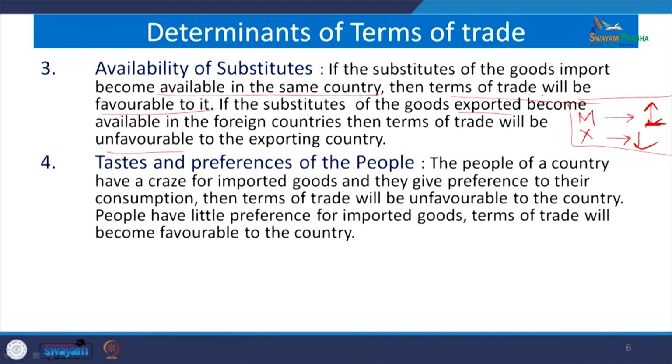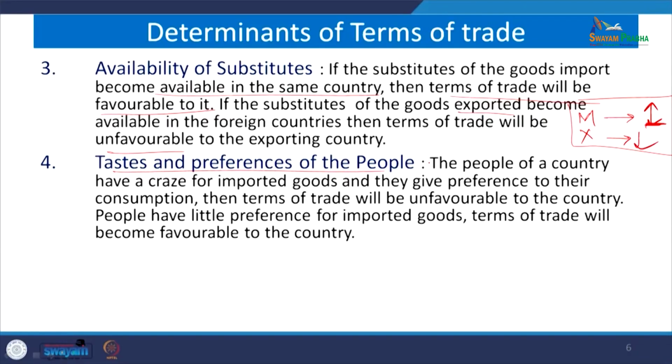Similarly, look at the taste and preference of the people of a country. If they have a craze for imported goods and strictly prefer consuming the importable basket, they demand it more strongly.